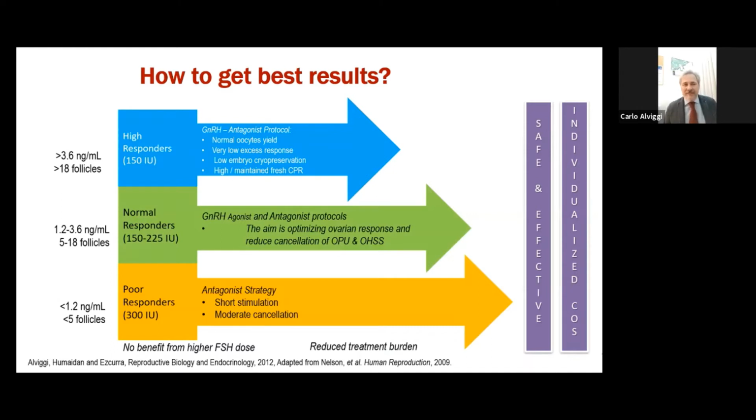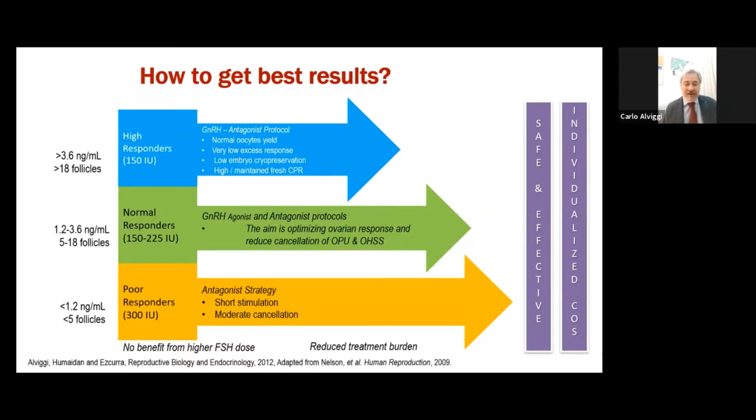Now, I think that at the beginning of 2000, the idea was that we had only few protocols for treating patients: agonist long protocol, agonist short protocol, antagonist. And so we matched patient and protocols in a very easy way, but with not so much possibility of personalization.